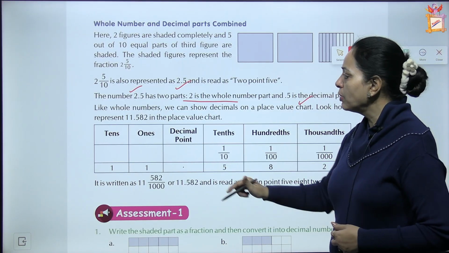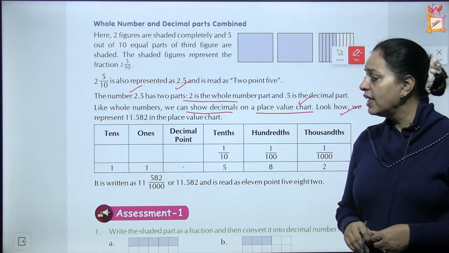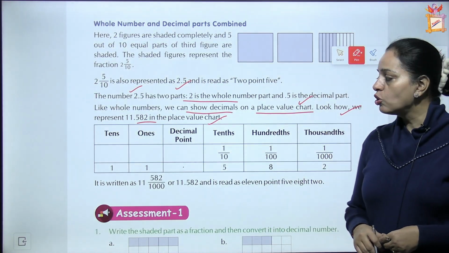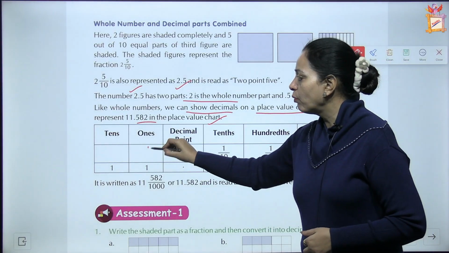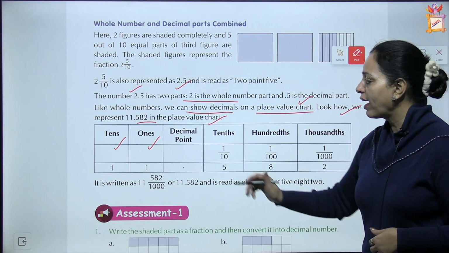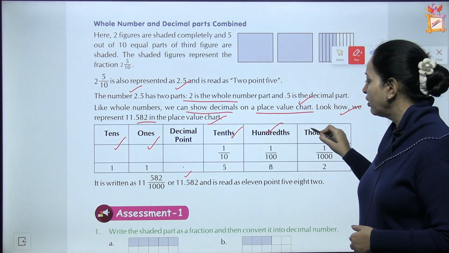So like whole numbers, we can show decimals on a place value chart. Look how we represent 11.582 in the place value chart. So 11 means 1 at ones and 1 at tens. This is for the whole part. Now we put the decimal point. Okay, then tenths, hundredths, thousandths.